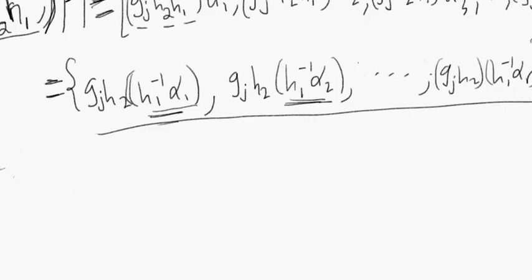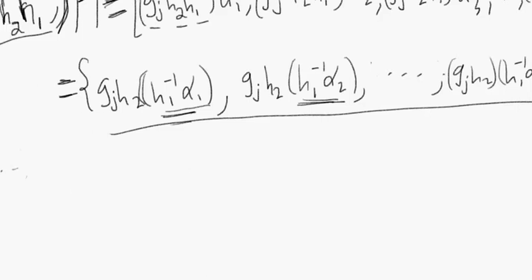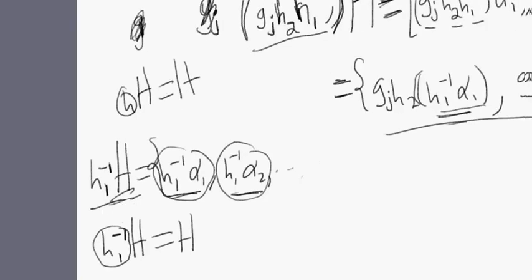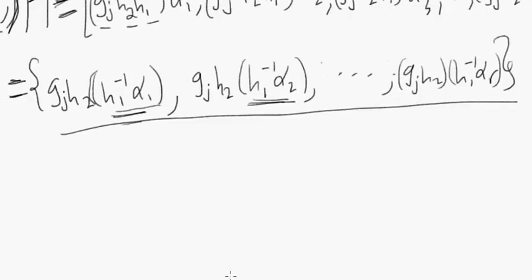So if each of the brackets is just the same as H1 inverse multiplied by H, convince yourself that what we have here is just the same as multiplying gjh2 by alpha 1.